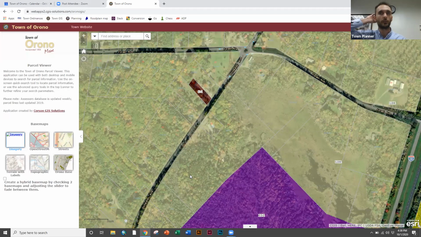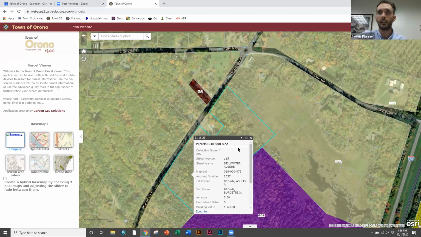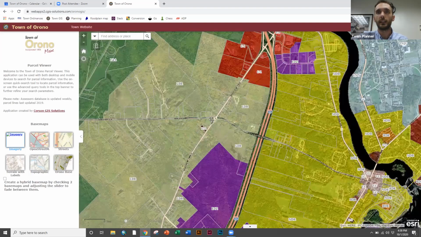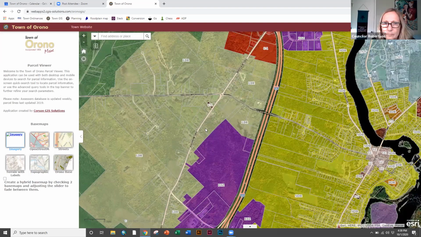So it would be the lower part of this lot. I think the updated parcel lines for this lot, when it was divided, have yet to show up on our GIS. So that's why it's showing up still as one lot. But it's closer to the Forest Ave area than Kelly Road.